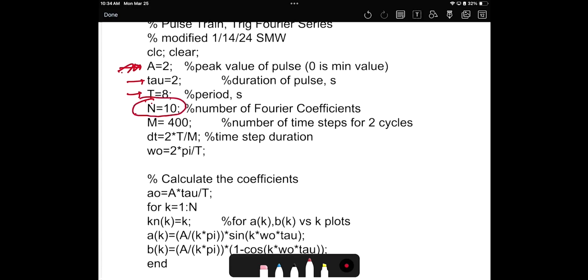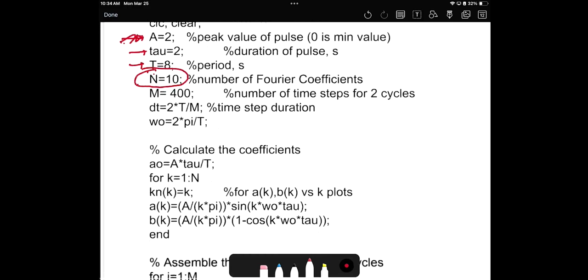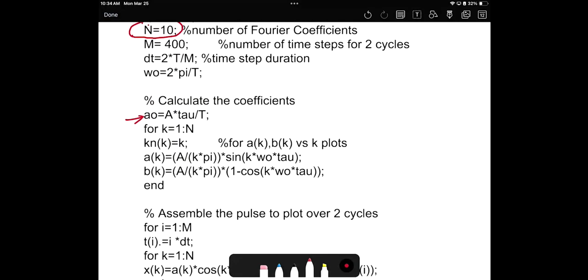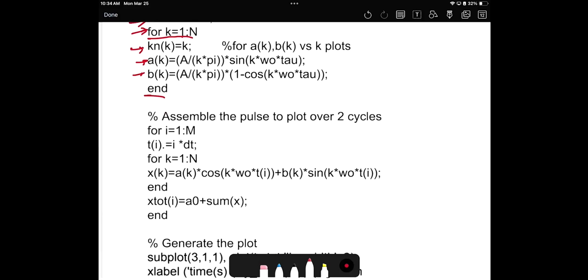Then we need to do different cycles. So we define a naught. Then since it's an infinite series, we put a for loop from k equals 1 to n. Then we can calculate the coefficients a naught, a k, b k. After that, we can do the plots.